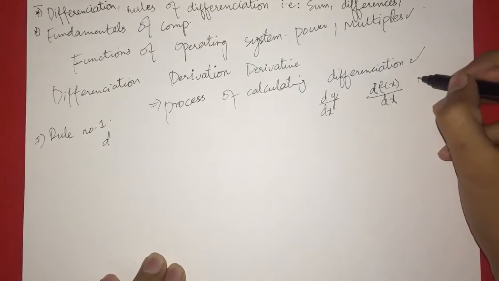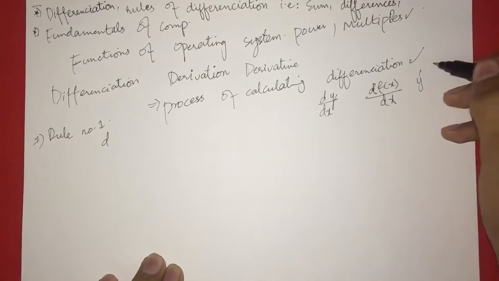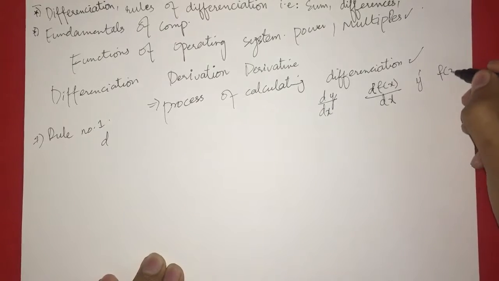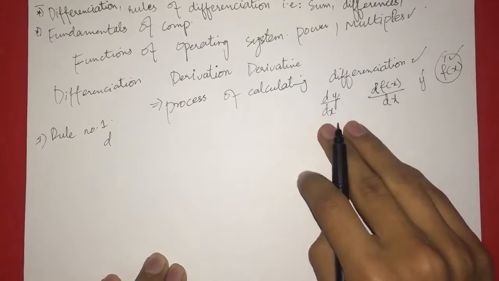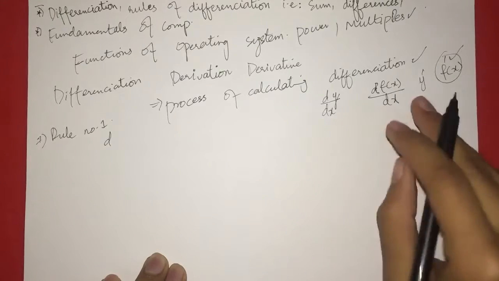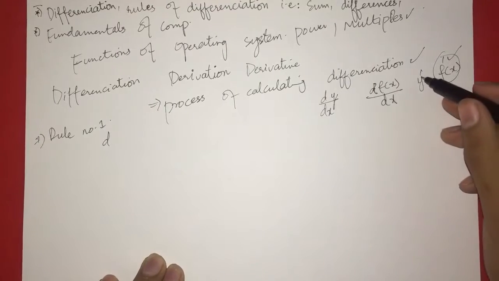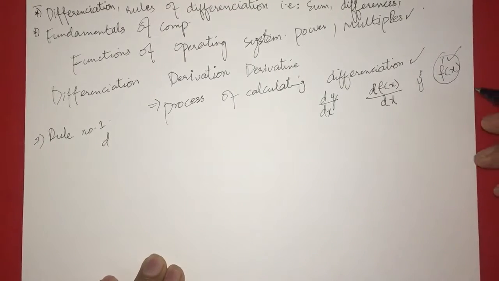You can also write it as y dash, or f dash of x, which also means the derivative. So there are different notations you can use to show the derivative of the function.